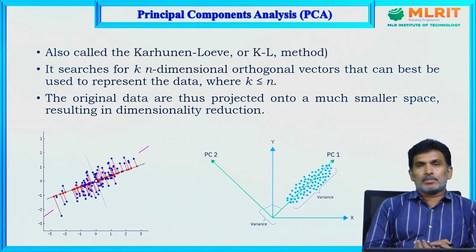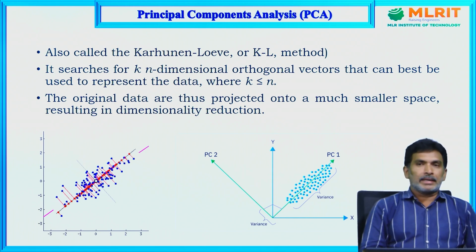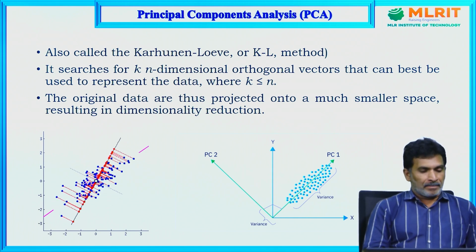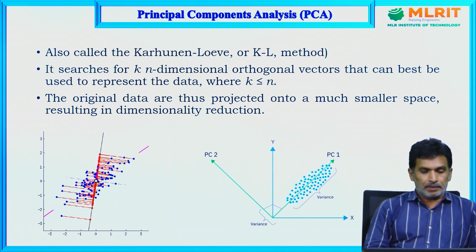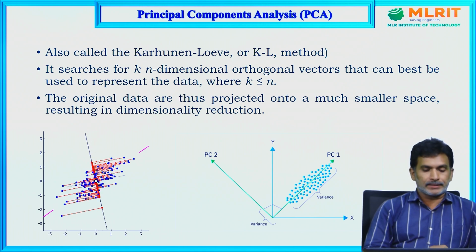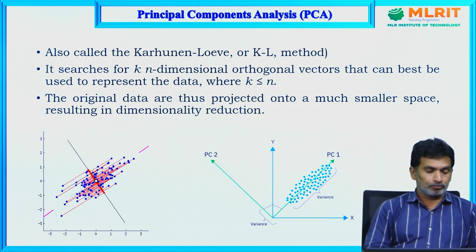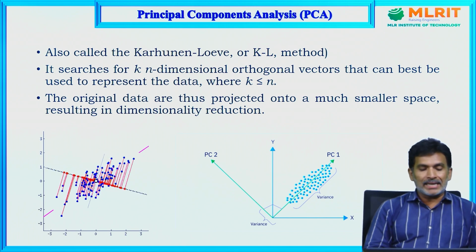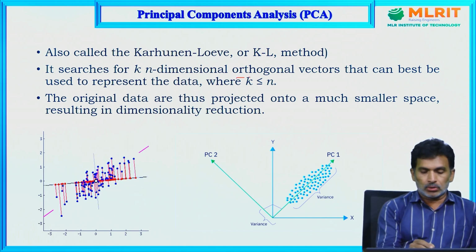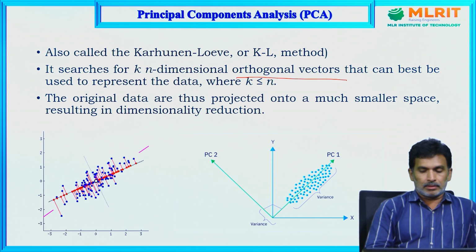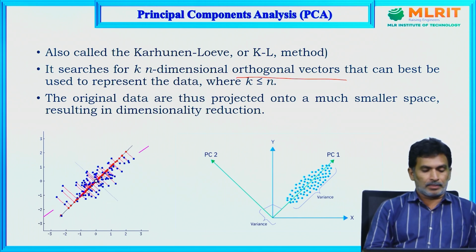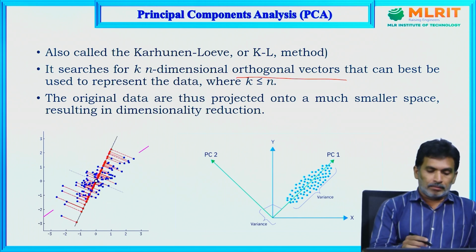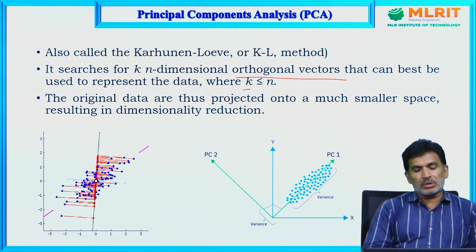What do we mean by principal component analysis? Principal component analysis, PCA, is also called the KL method. It mainly searches for k n-dimensional orthogonal vectors that can best be used to represent the data, where k is less than or equal to n.